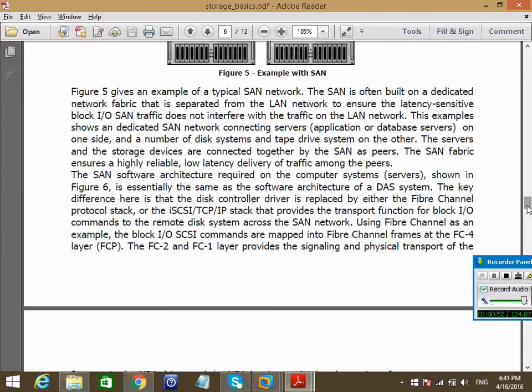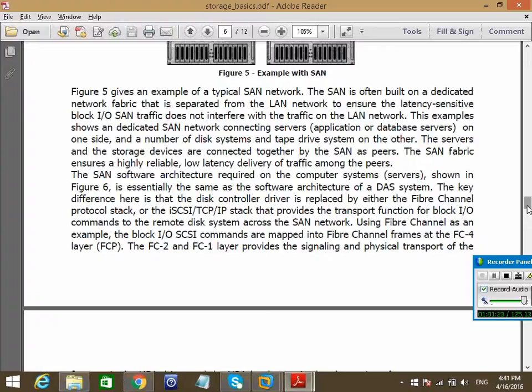So the SAN is often built on a dedicated network fabric that is separated from the LAN. Remember this: normally the client will be connected to the host server via public IP, which will have a DNS cable and an Ethernet cable.